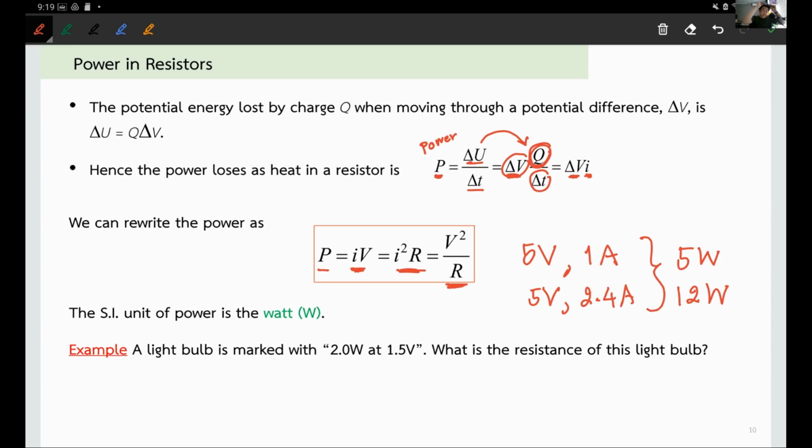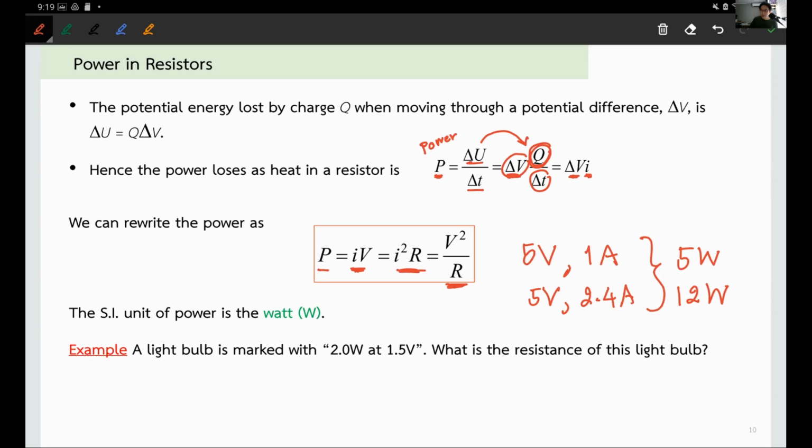Nowadays, when you buy a charger with super fast charge, you probably want to buy 65 watts, maybe even a crazy 100 watt charger. So that's how you calculate the power, very easily from the product between the voltage and the current flow.